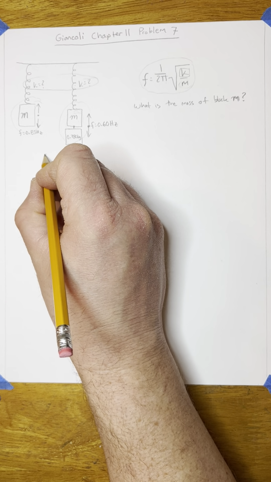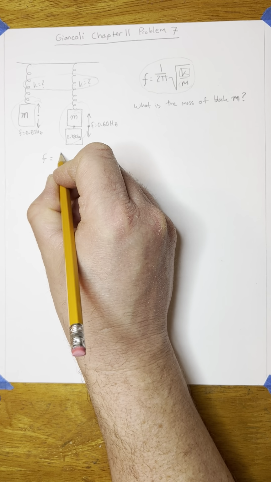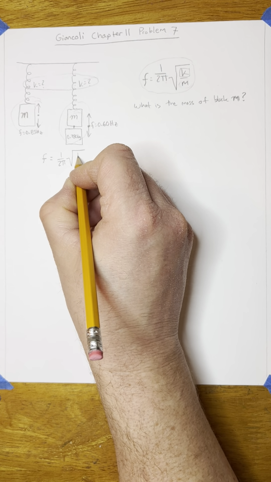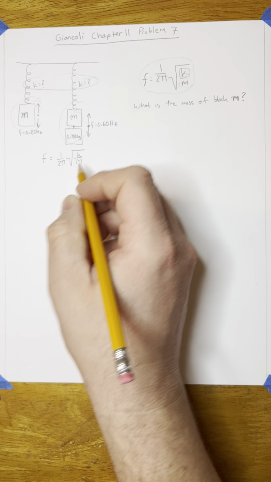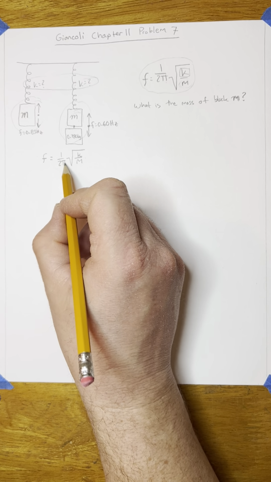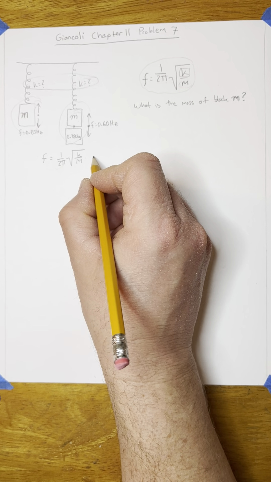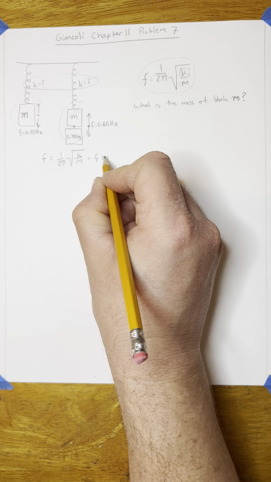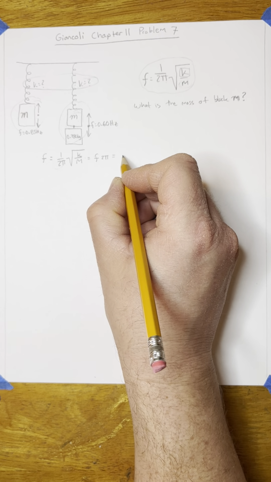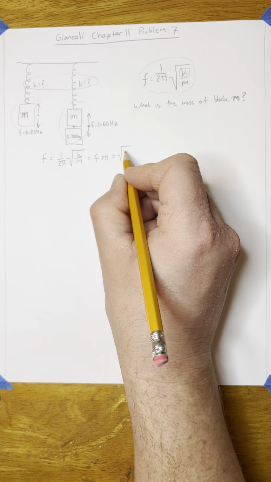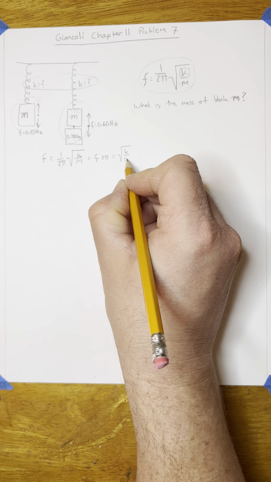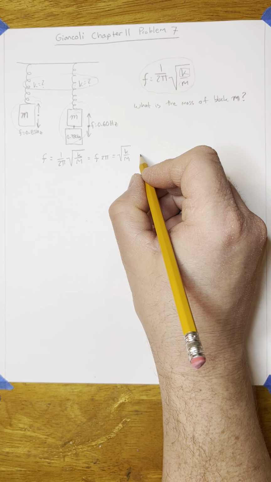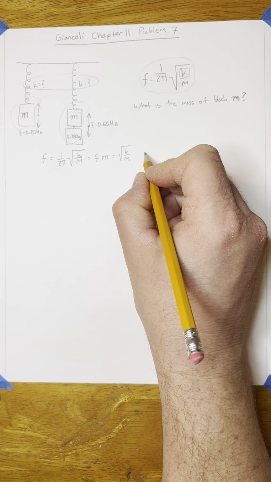So f is equal to 1 over 2 pi, the square root of k over m. I'll multiply both sides by 2 pi, so that will give me f times 2 pi is equal to the square root of k over m. I'd like to get rid of the radical, so my next step will be to square both sides.